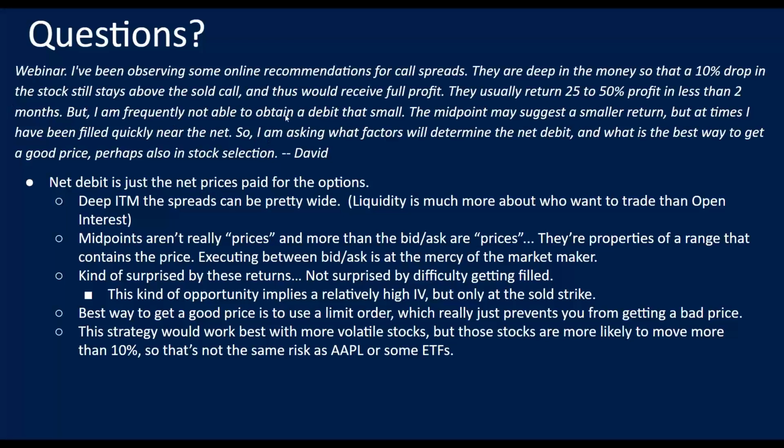But the problem is exactly what David's describing here. The bid-ask spread can be pretty wide, especially deep in the money. And that's because liquidity is much more about who wants to trade than the open interest. So in the money options tend to have higher open interest than out of the money options. That's because stocks tend to go up.